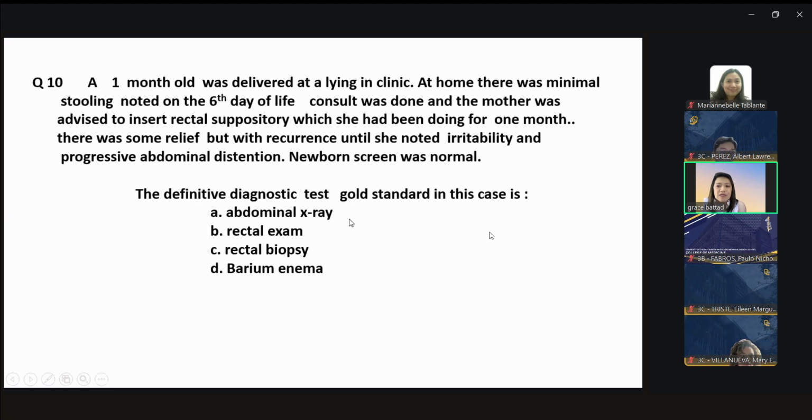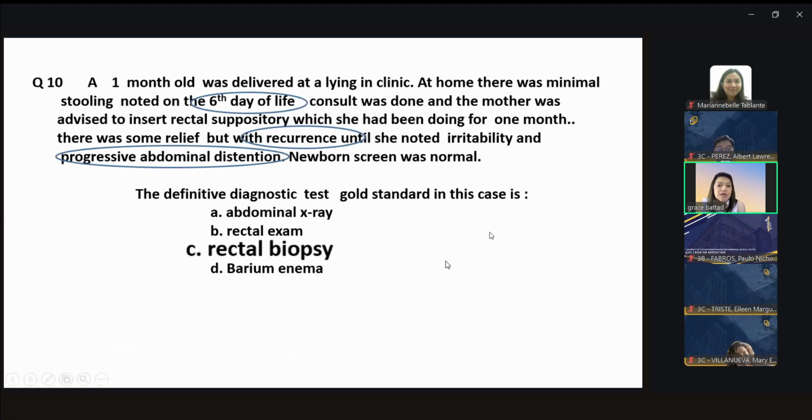Others would be a rectal exam, biopsy, and an enema. All of this might be done. So those are your relevant data. So probably it is a congenital problem. Rectal biopsy might be done because you are suspecting Hirschsprung's disease.